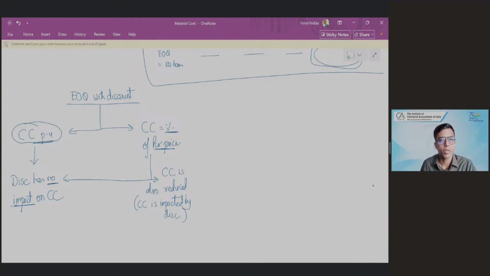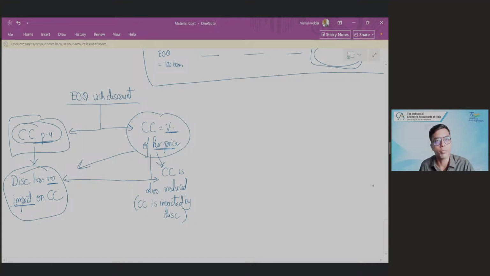In this case, it is pretty simple because there is only one answer. In this case, again, there are two possibilities. What to do? Whether we should take that there is no impact on carrying cost or whether we should reduce the carrying cost. For this, the answer is: first, read what the question says.